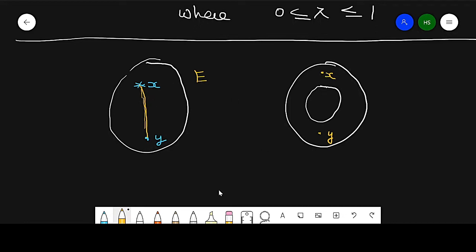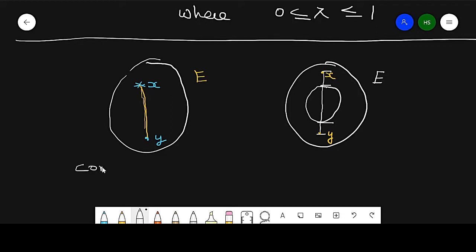But in this case, this line does not belong to E. This part of the line is a part of E, this part is also part of E, but the entire straight line does not belong to E. So it means it is not a convex set.